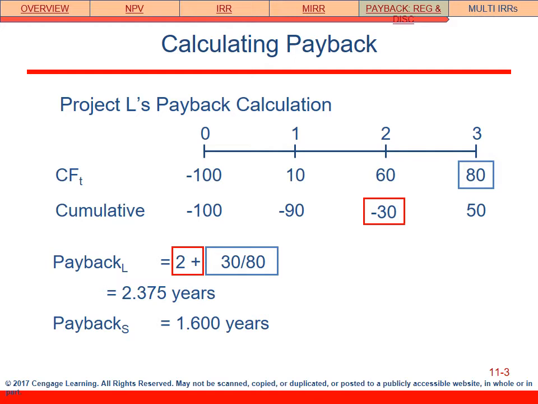So we know we'll have that covered. So the total recovery time occurs somewhere between years 1 and 2. So our payback for S is 1 year plus the $30 left to recover after year 1 and year 2's cash flow of $50. And that's 1.6 years.